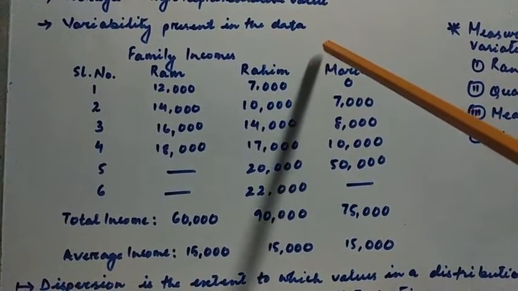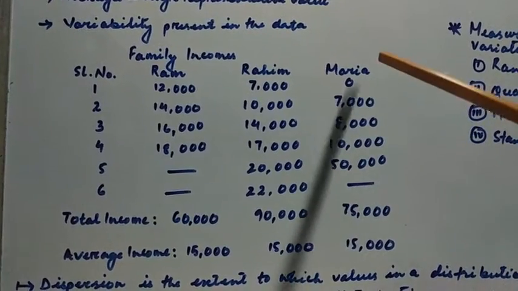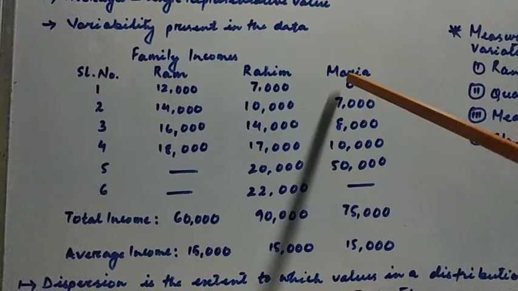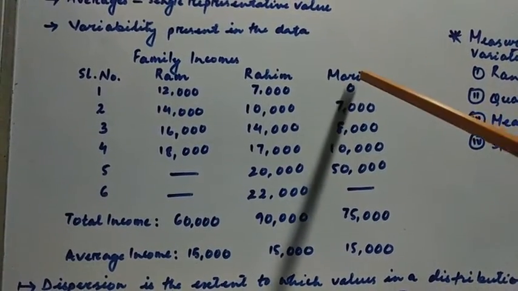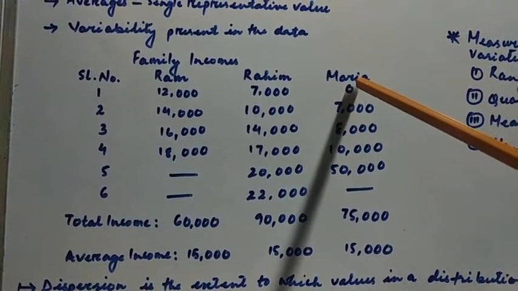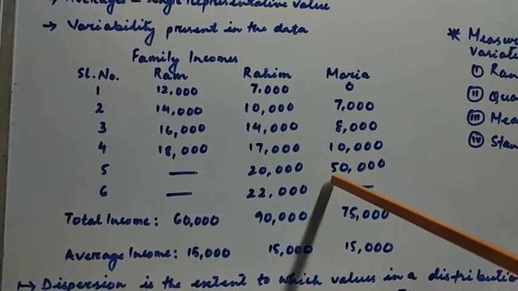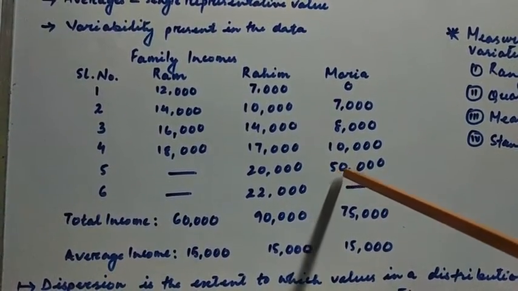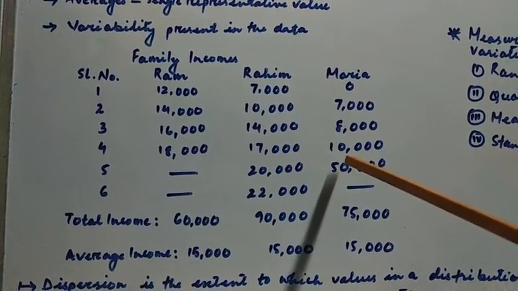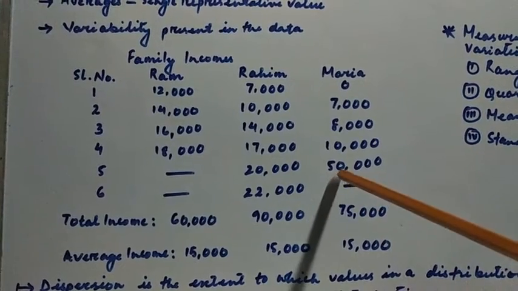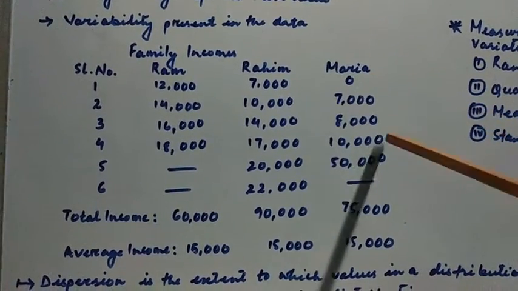Their income ranges from 7,000, 10,000 to 22,000. The case of Maria's family is quite unique, because their income is very extreme: there is one person in the family who has no income, and one person who has a very high income, 50,000. The difference between 0 and 50,000 is a huge amount.